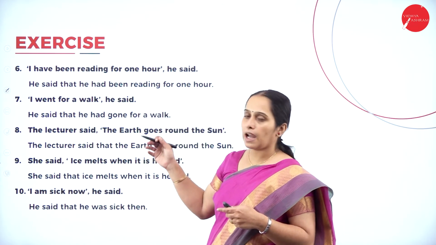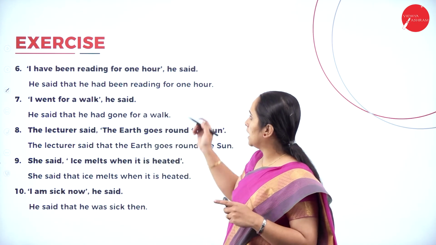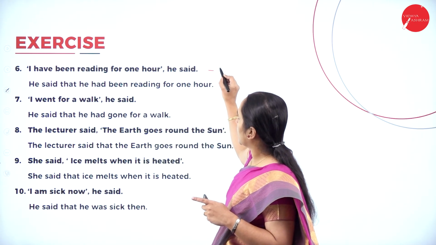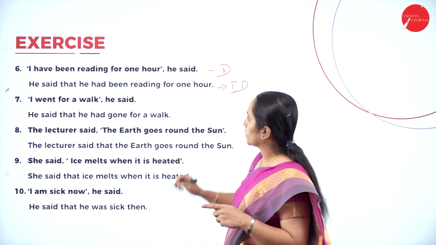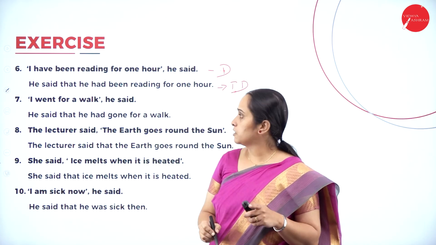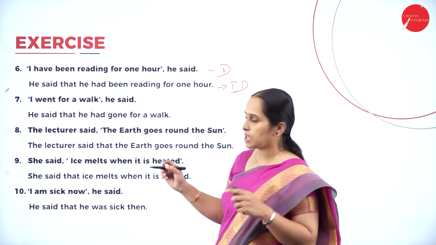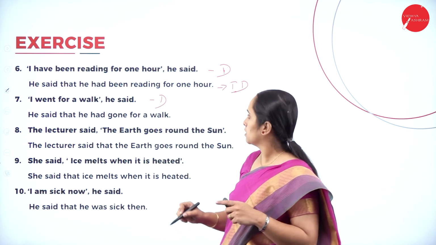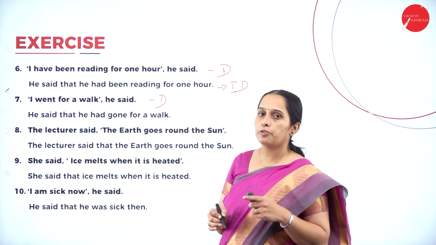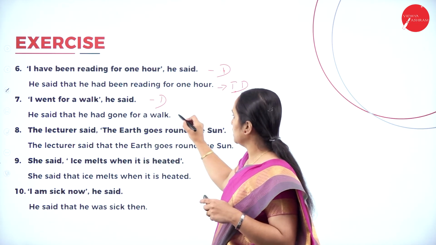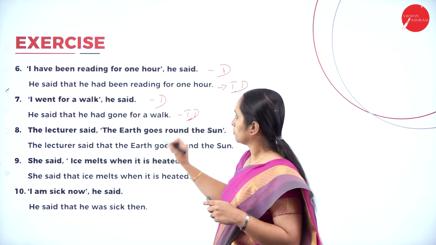So, he said that he had been reading for 1 hour. So, what type of sentence is this? This is direct speech and this one is indirect speech. Next, "I went for a walk," he said. What type of sentence? It is direct speech. So, he said that he had gone for a walk. This is indirect speech.